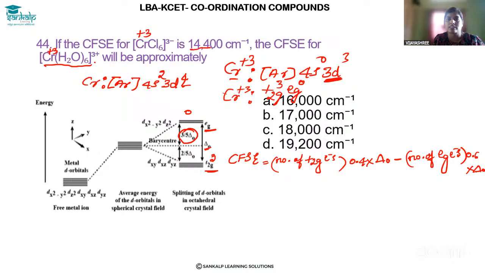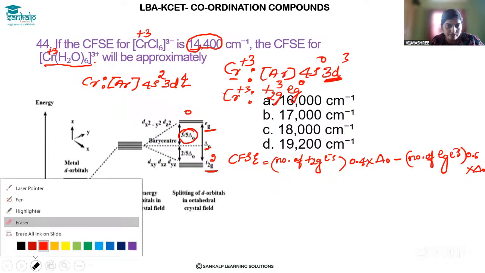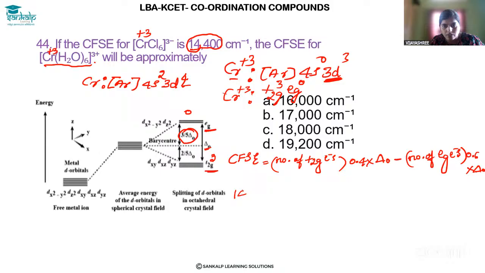Crystal field stabilization energy is given as 14,400. Therefore 14,400 is equal to the number of t2g electrons, 3 electrons, into 0.4 into delta naught.